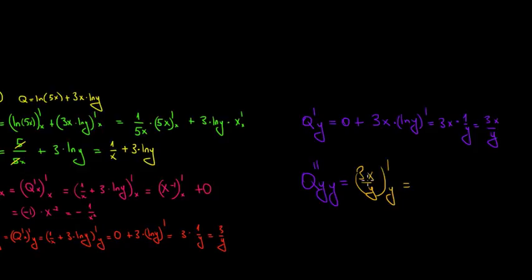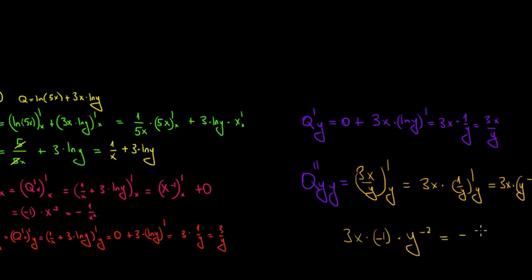Well, what is the constant here? That's just 3x times the derivative of 1 over y with respect to y. That's 3x times y to the power of minus 1 derivative with respect to y. And that's equal to 3x times, let's take the power down, minus 1 times y to the power of minus 2. So that's minus 3x divided by y squared. And that's it. We are done.